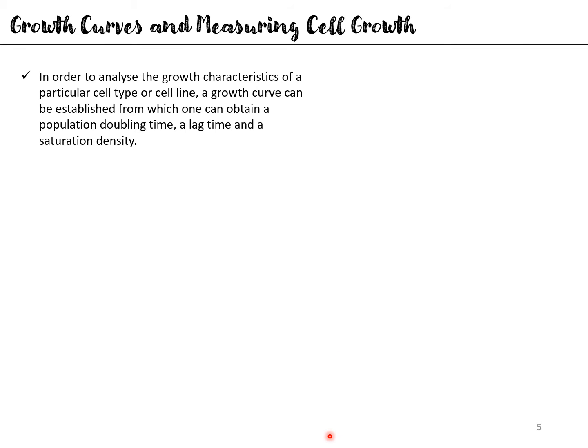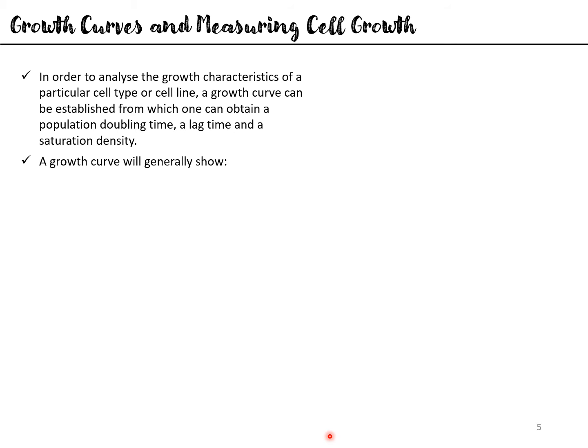If you recall, we just discussed a little while back the different phases of the growth curve, and how a growth curve is reproducible for a given cell line given you are maintaining the specific conditions for growth. So now consider that you have a cell line and you're maintaining the required conditions for growth. You want to monitor how your cells are growing and if they're growing as they should be. This is where a growth curve comes in handy.